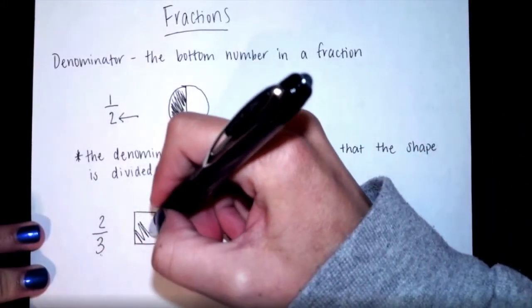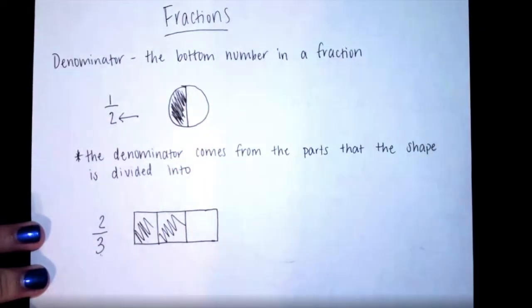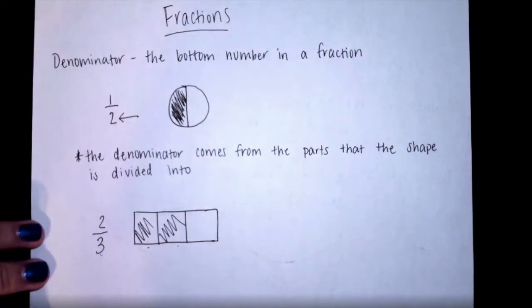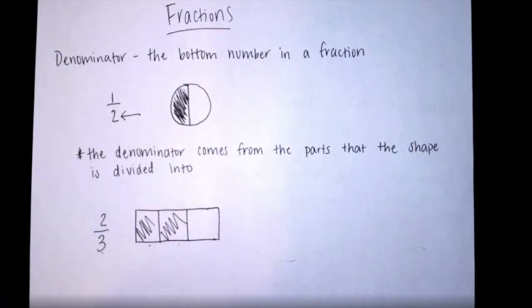So I would shade 1 and 2. Okay? So this one you could have 2/3 shaded, but you could also say that 1/3 is left unshaded. Okay? So take a minute and get that copied down.